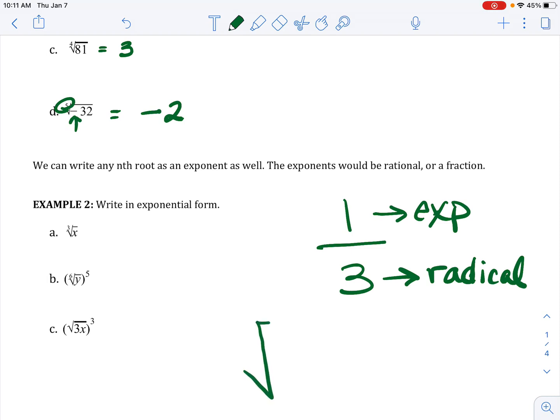So what does that mean? If I have x to the 1/3, that means the 1 becomes the exponent, and the 3 goes out here for the radical.